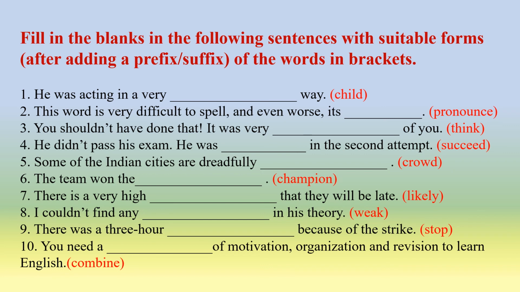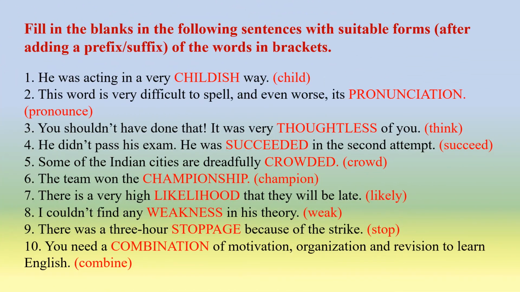Students, here in the bracket you have root words. Think about the prefix and suffix and write the appropriate word in the given blanks. Students, here are our answers. Let us check them.